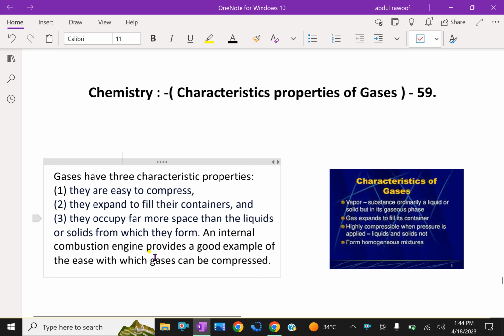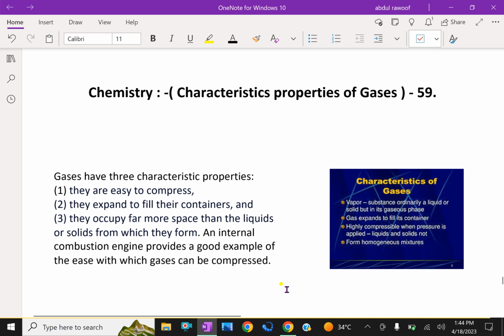An internal combustion engine provides a good example of this, the ease with which gases can be compressed. Here, properties of gases we will discuss further. Each state of matter has its own properties. Gases have unique properties because the distance between the particles of a gas is much greater than the distance between the particles of a liquid or solid.